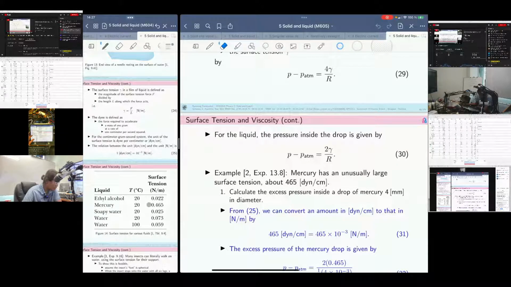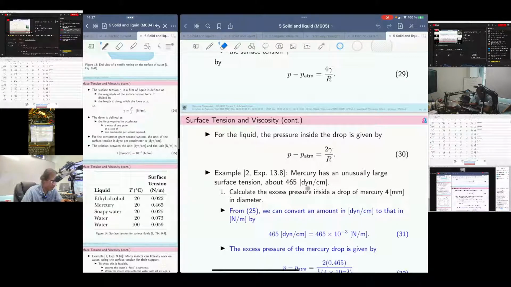It has 0.465, which is 20 times greater than ethyl alcohol or even 15 times higher than water. It has very strong surface tension, that's why they say it has an unusually large surface tension.